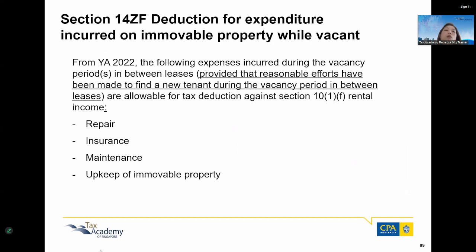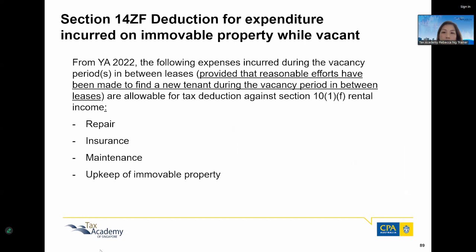Okay, for section 14ZF deduction, for expenditure incurred on immovable property while vacant. So usually for immovable property, what is the income that we will generate? Is rent, right? So if let's say the immovable property is vacant, so there's no rent income.